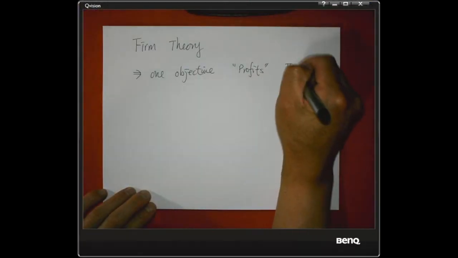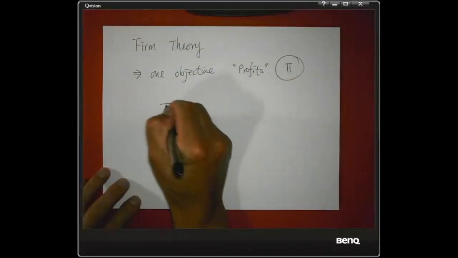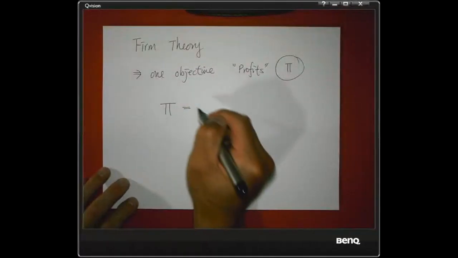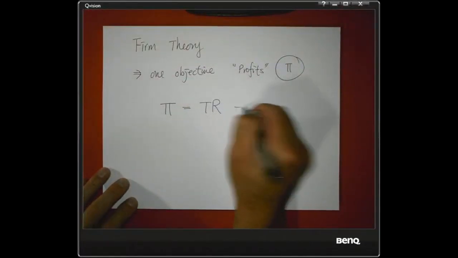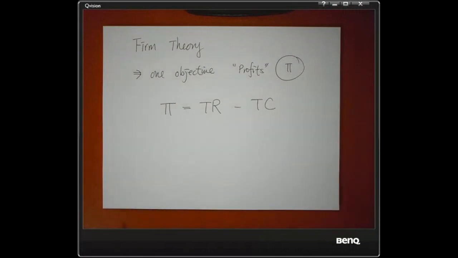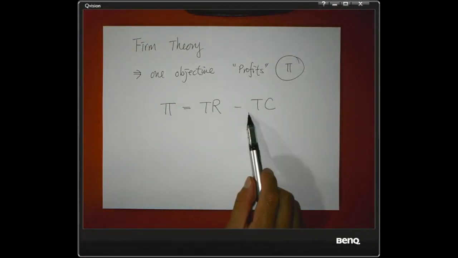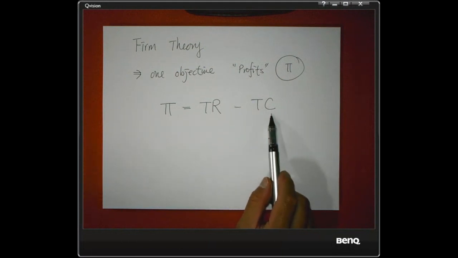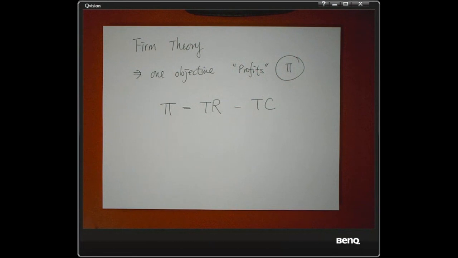We use the pi symbol. And profit is the difference between total revenue and total cost. So when you have the total revenue minus the total cost, the difference is the profit.